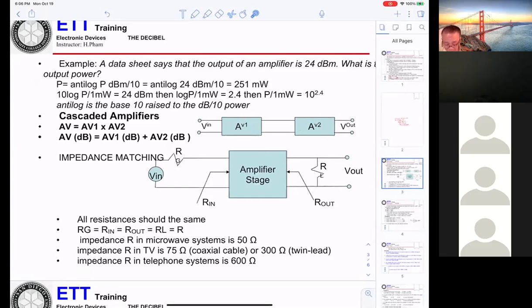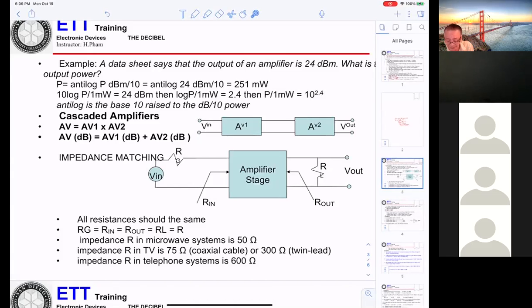If you want to calculate the total gain, this is the formula. For the ordinary number, you have to multiply. For example, the first gain is 20, the second one equals 5. The total gain will be 5 times 20.